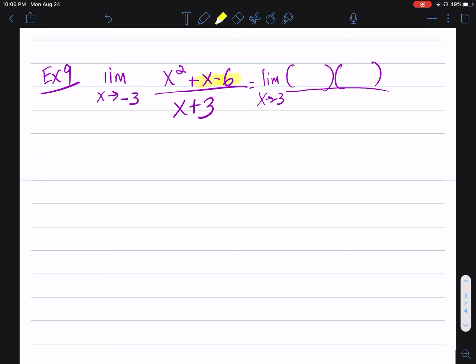So I'm reading it from right to left. Factors of 6 that subtract to 1. If this was a plus sign right here, then I would say the factors of 6 that add to 1. That really helps you figure out exactly what factors it needs to be. So factors of 6 that subtract to 1 are going to be 3 and 2.